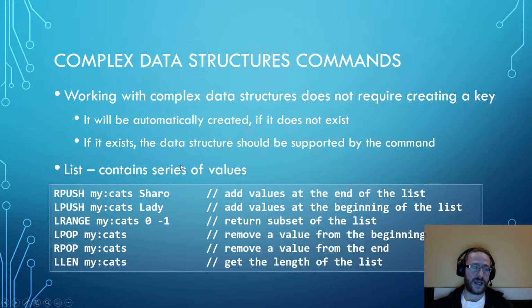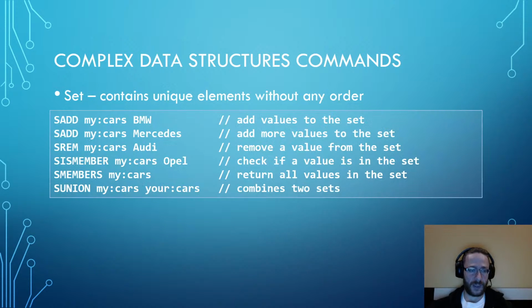A list is an ordered collection of values. Basically, it has an order, and you can push a value at the beginning of the list, and you can push a value at the end of the list. You can get a subset of the list very fast, and you can remove a value from the beginning and from the end. It's basically like a linked list, and it's working super fast.